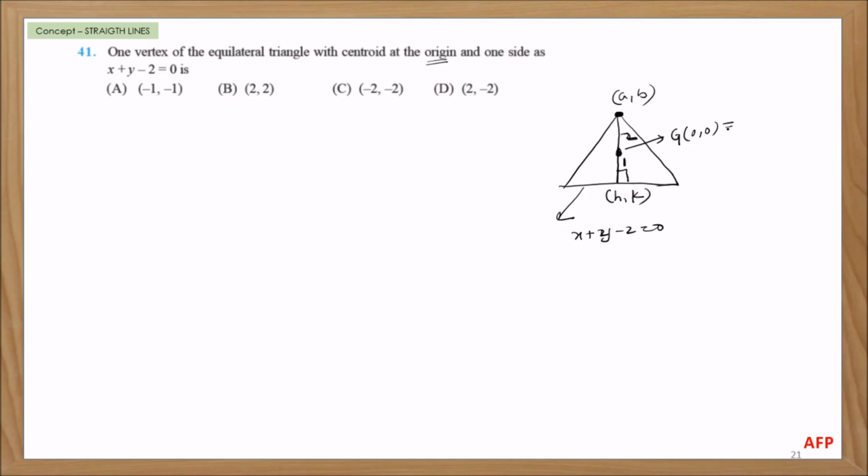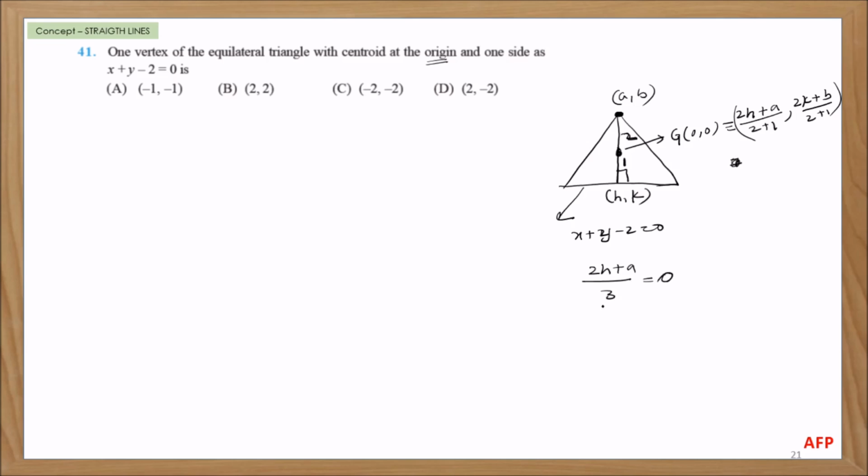So this implies, okay, 2 times H and 1 times A divided by 2 plus 1 must be equal to 2 times K plus B divided by 1 times K. So according to the section formula, using this concept you can write 2H plus A divided by 3 is equal to 0.